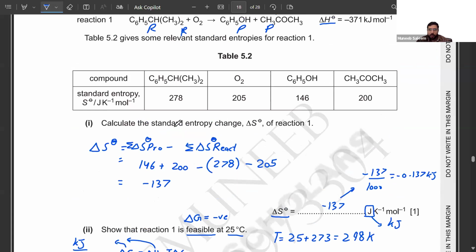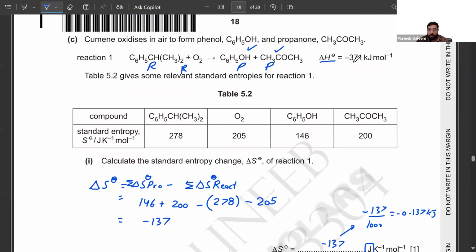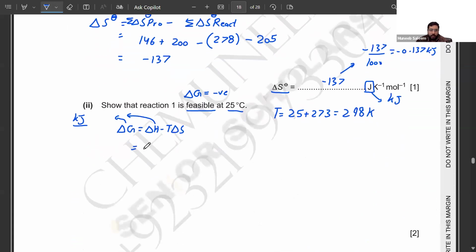Now we substitute the values here. Delta H value was given in the table: minus 371. Then minus T, which is 298, multiplied by delta S, which is minus 0.137.